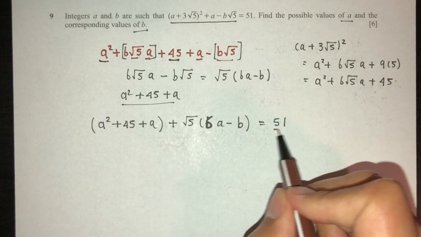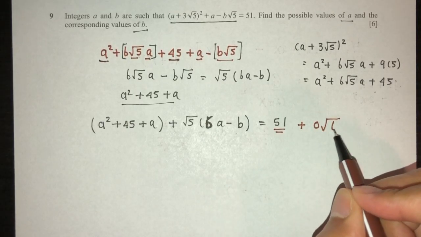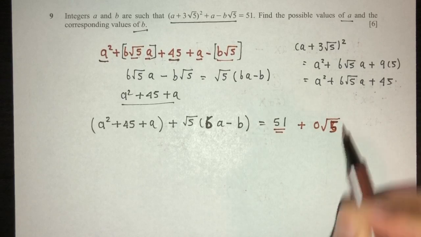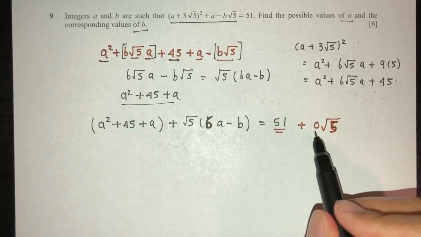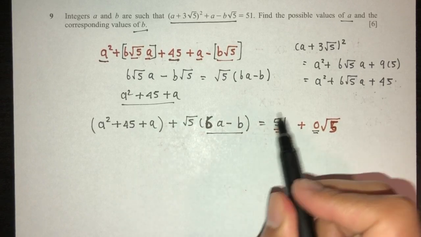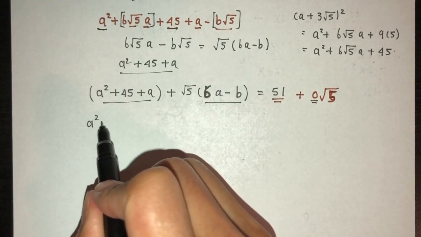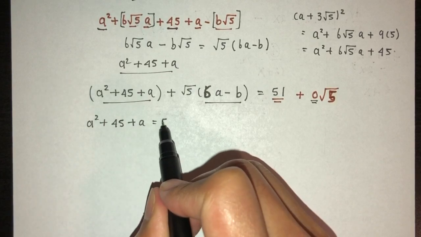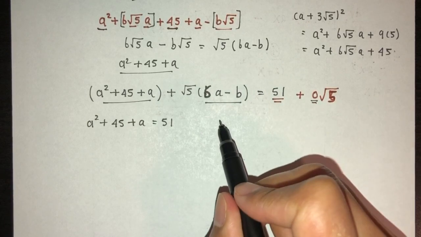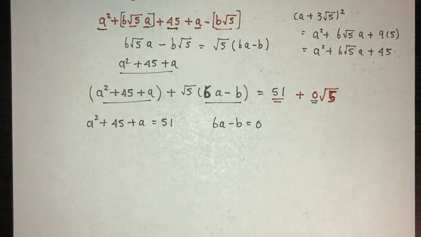So this is your constant, and as you can see, we don't have any root 5 on the right side. Which means the coefficient of root 5 is 0, and the constant is 51. So let's equate. You will have a squared plus 45 plus a equal to 51. And here you will have 6a minus b equal to 0.